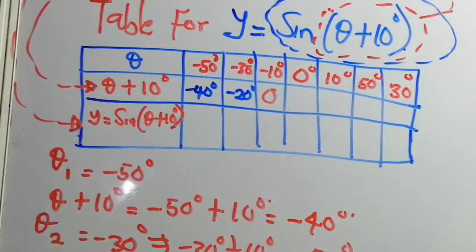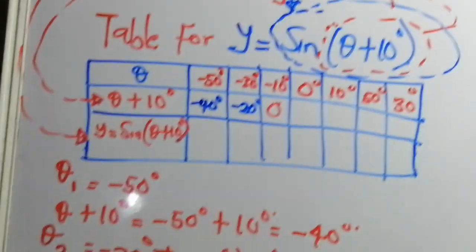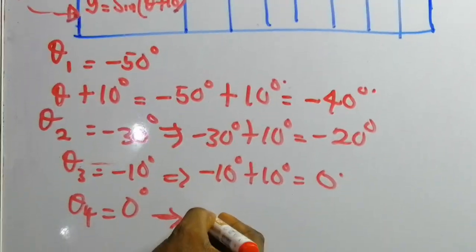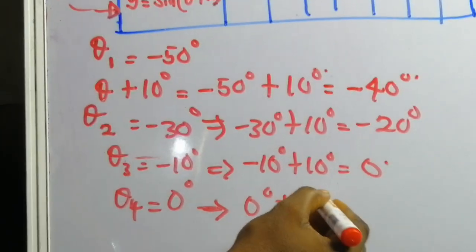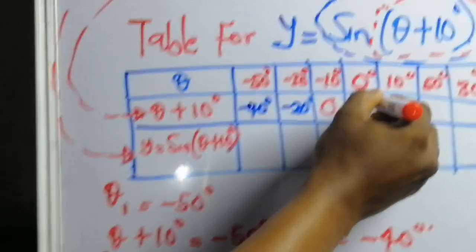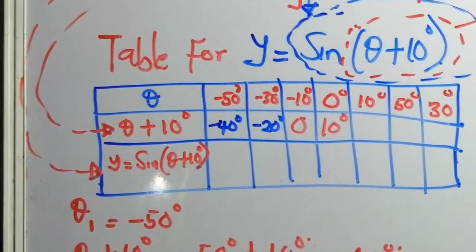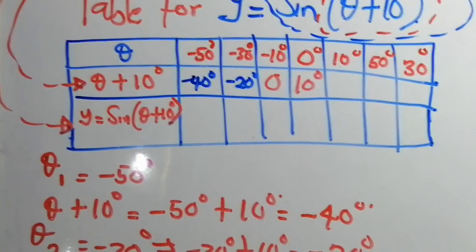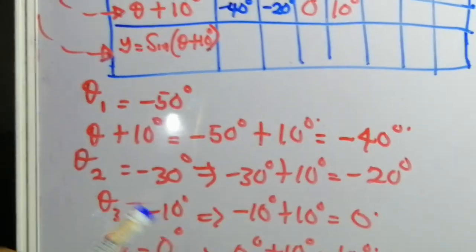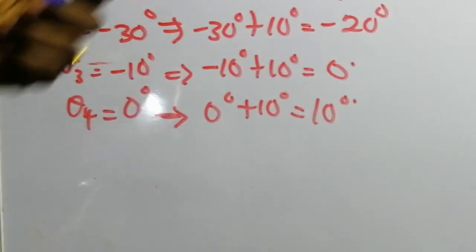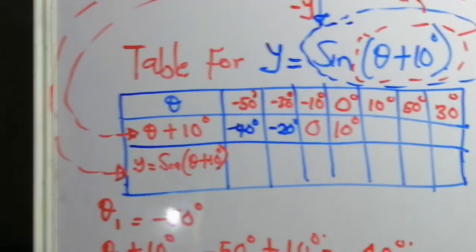For theta 4, which is 0 degree, you have 0 degree plus 10 degree, so the answer here is 10 degree. Don't forget, people always make mistakes here and think the graph is complicated. It's not.